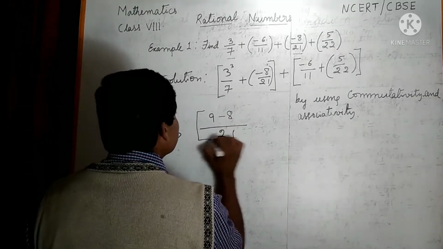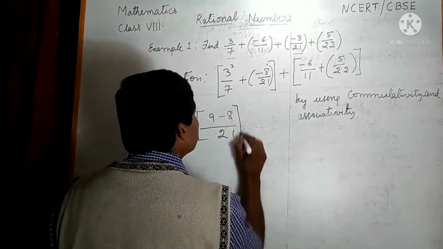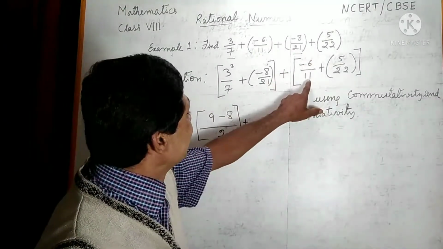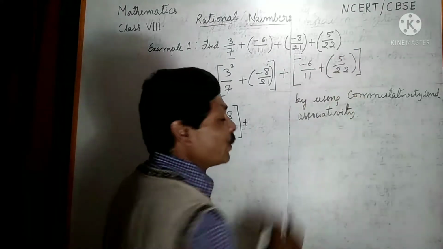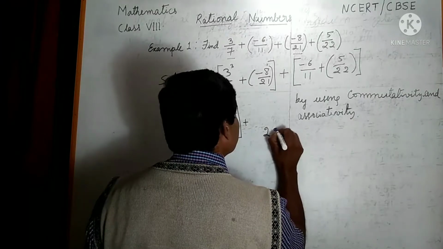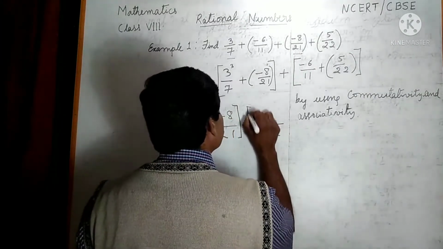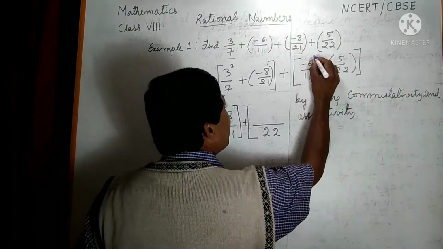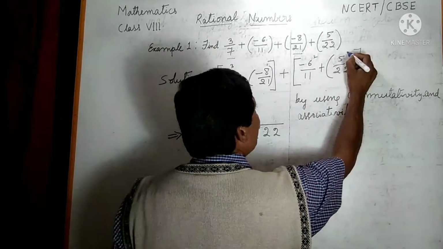Next, plus minus 6 by 11 plus 5 by 22. Here LCM is 22. Minus 6, 11 2s are 22 and 22 1s are 22.